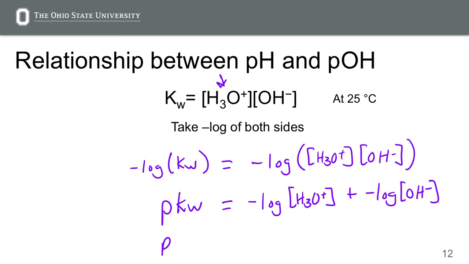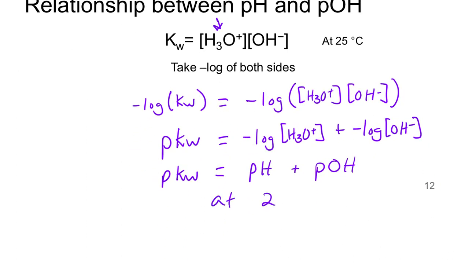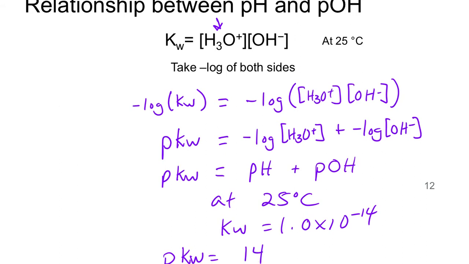And so we end up with pKw equals pH plus pOH. And at 25 degrees Celsius, we know that Kw is 1 times 10 to the minus 14. And so pKw is equal to 14.